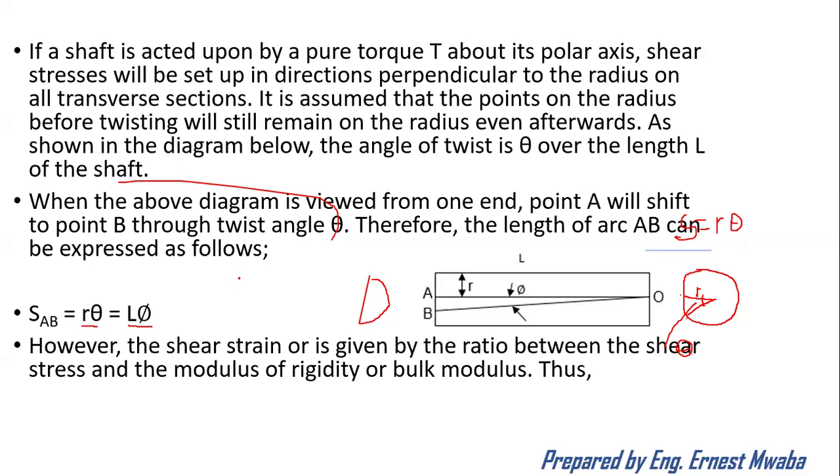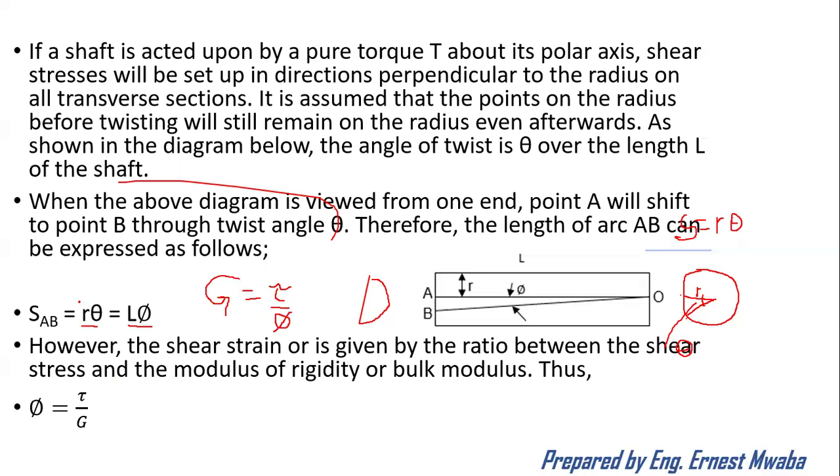Going back to the way we used to understand Young's modulus, we say that the modulus of rigidity is actually shear stress over shear strain represented by phi. If you make this phi the subject of the formula, phi, which is the shear strain, will therefore be equal to shear stress over modulus of rigidity.